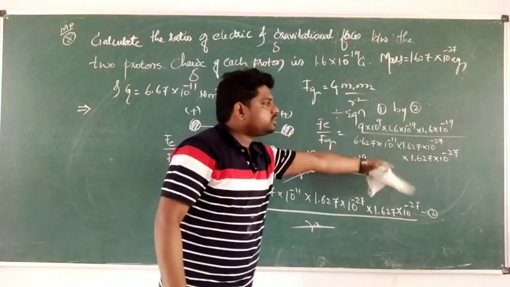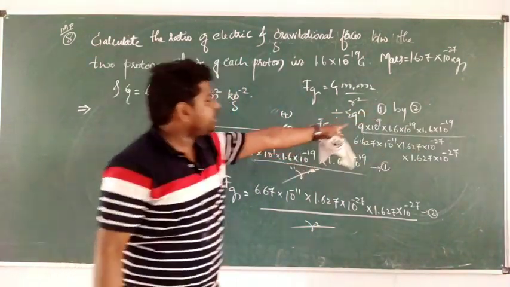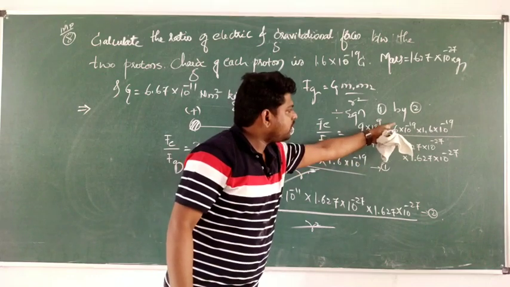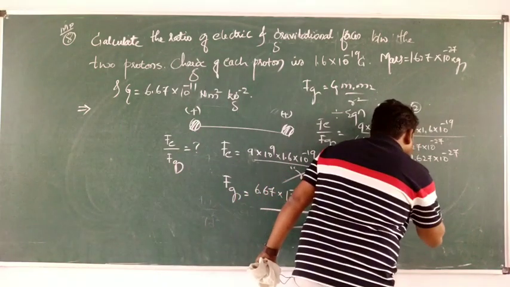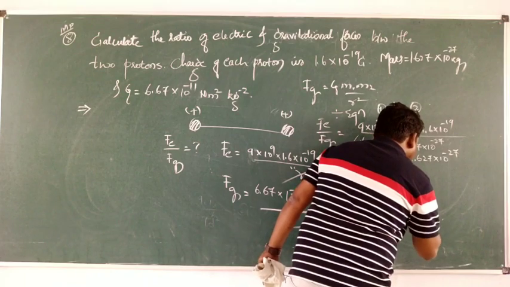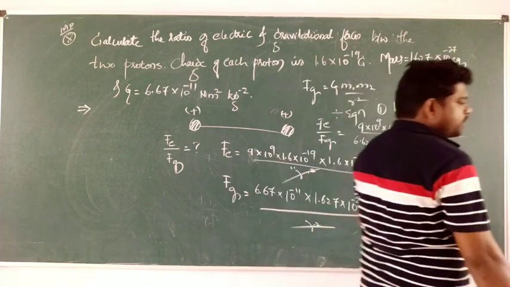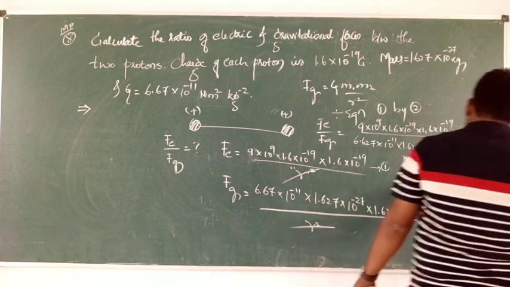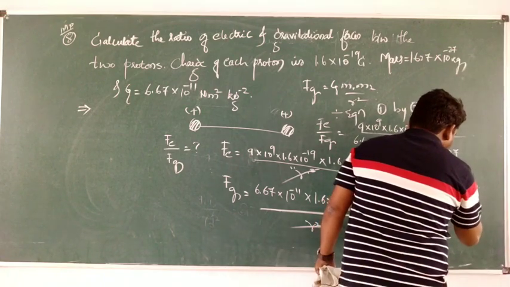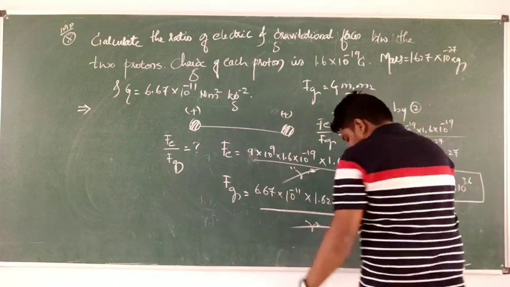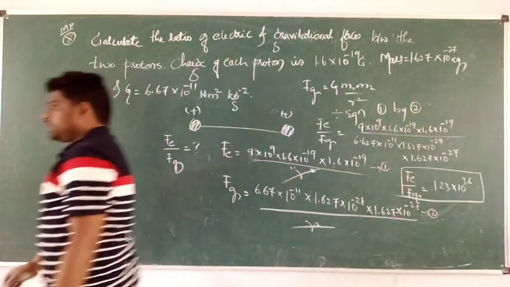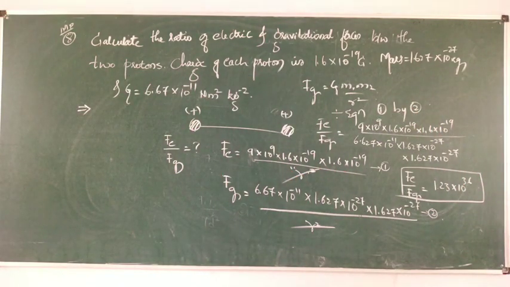If you calculate this numerically, dividing the numerator by the denominator, you will end up with Fe divided by Fg equal to 1.23 into 10 to the power of 36.